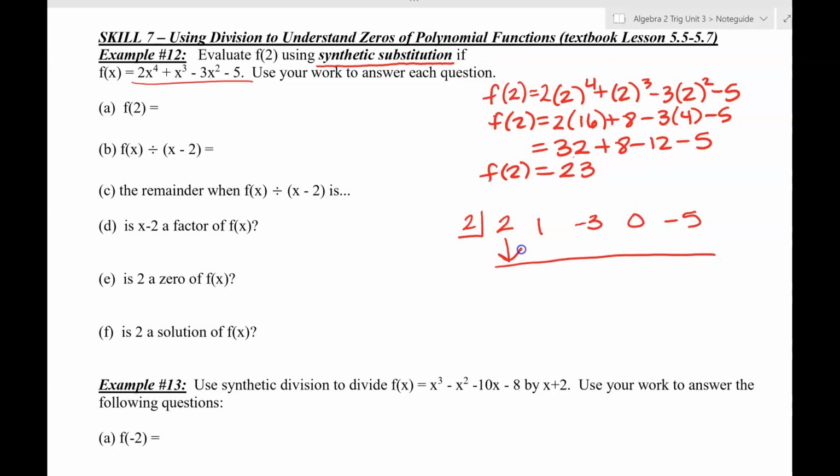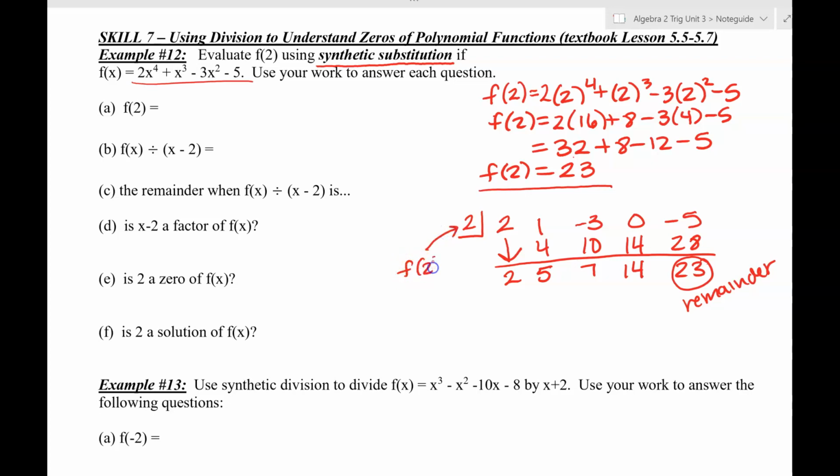If you went through this synthetic division process, notice that what you get as the remainder is the same as what you got here. So there's a couple of things. With a 2 here, this could be calculating f of 2, or I could be wanting to know what I get when I divide by x minus 2. So this can be used 2 ways.